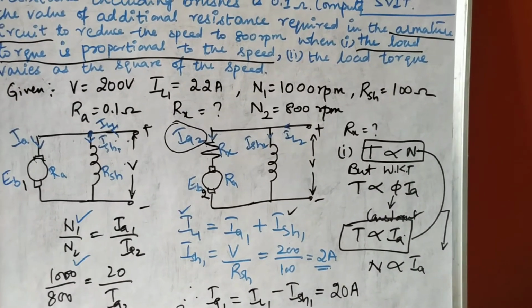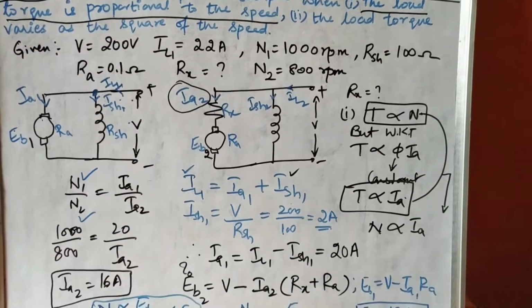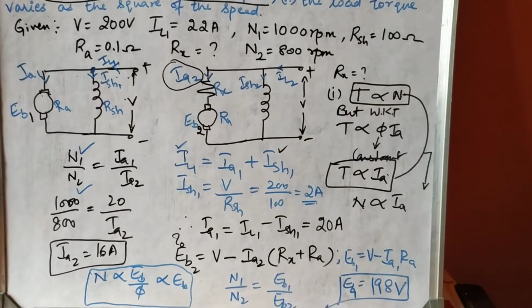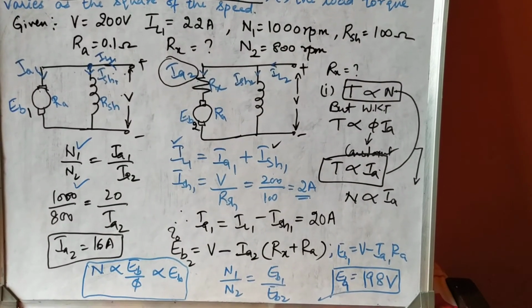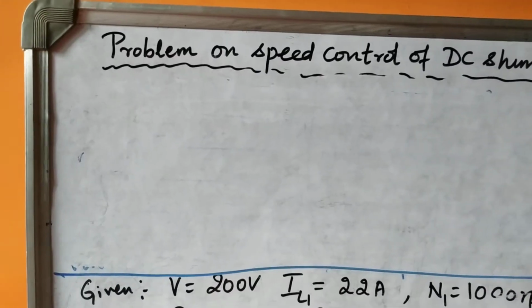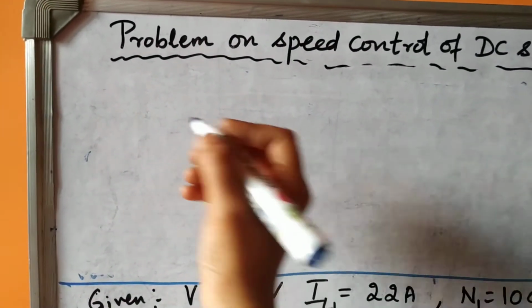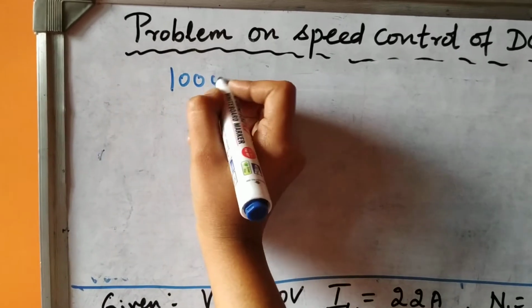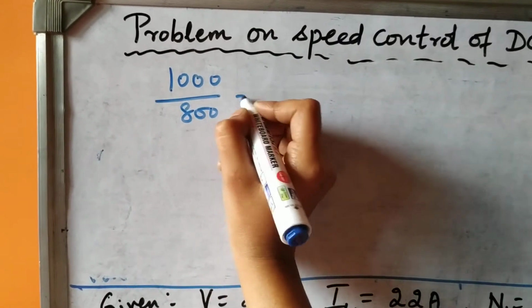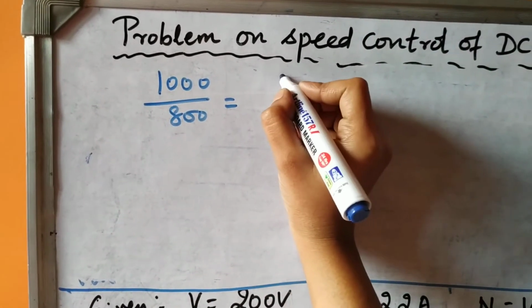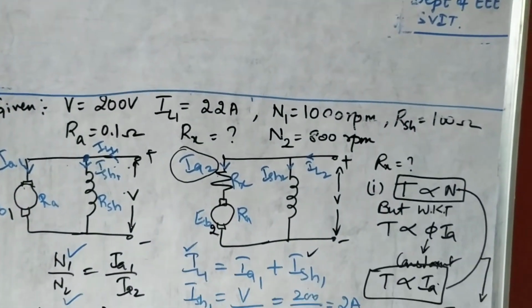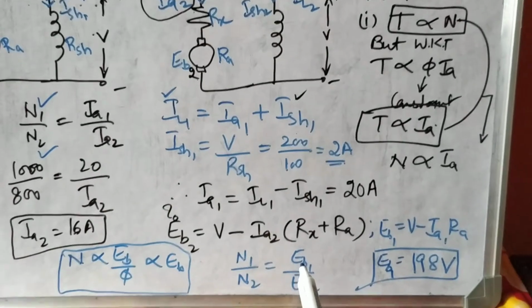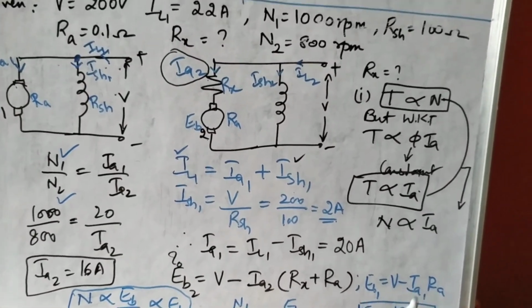N1 by N2 is equal to EB1 by EB2. When we substitute the values, N1 is 1000 and N2 is 800 and EB1 is 198, and EB2, the voltage equation what you wrote here, V minus IA2 into Rx plus Ra.